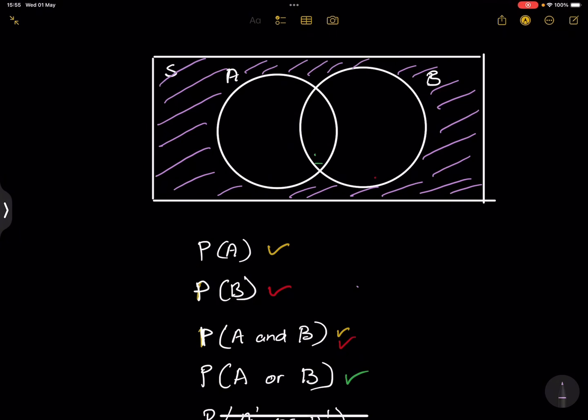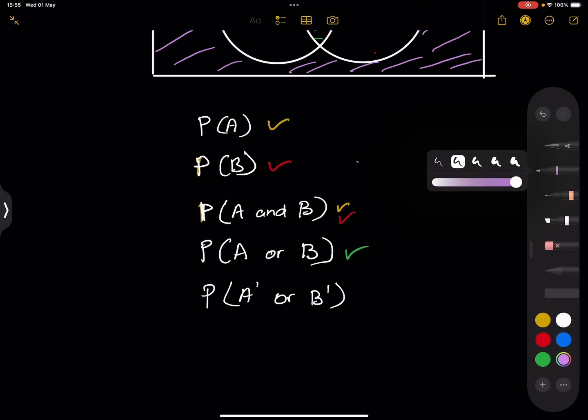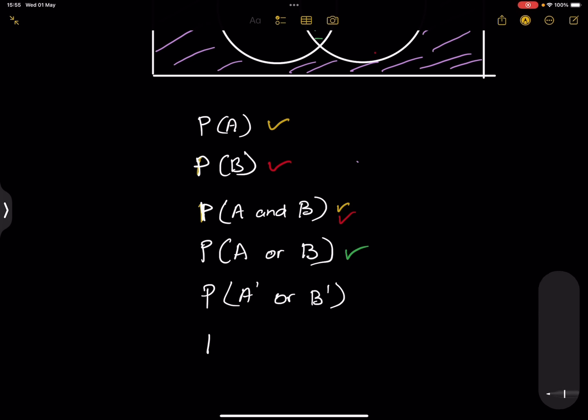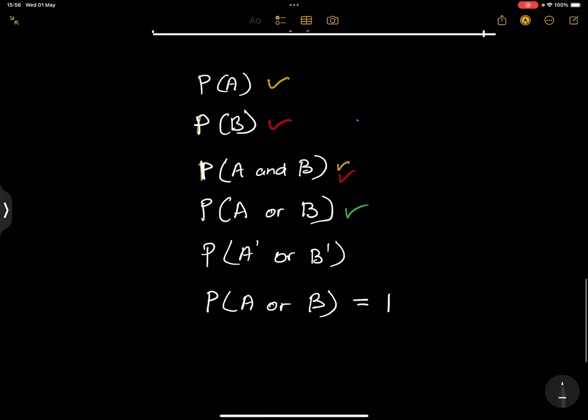Now I want you to please note, I'm going to add another term now. In this purple space, if we find that there is nothing, meaning that every single one of my events falls within A and B, then we say that if the probability of A or B, meaning everything inside of my circles, gives us 1, then what can I say?